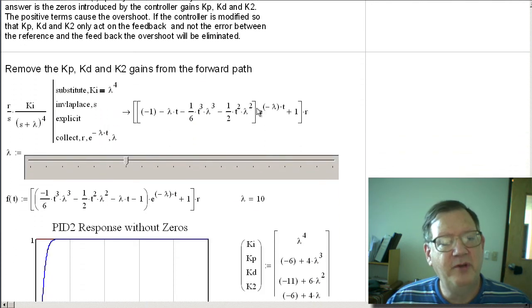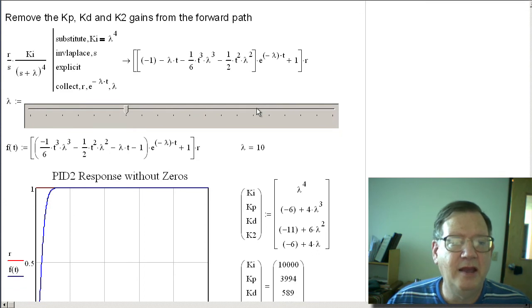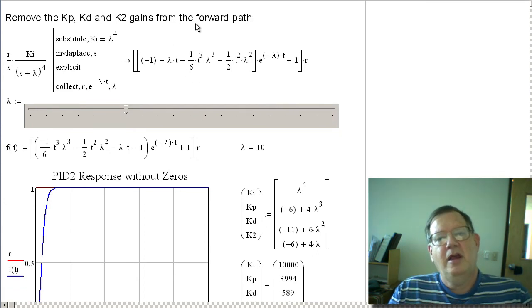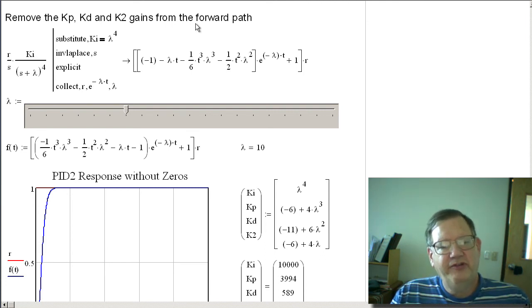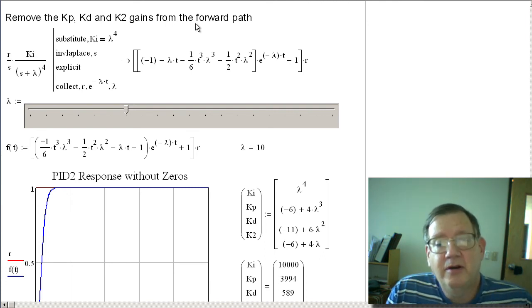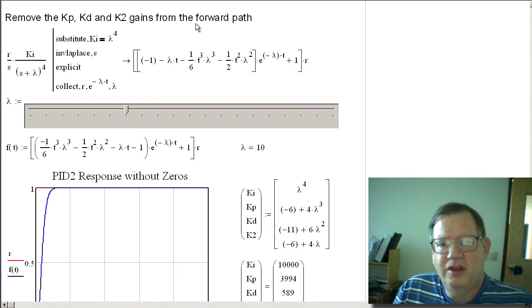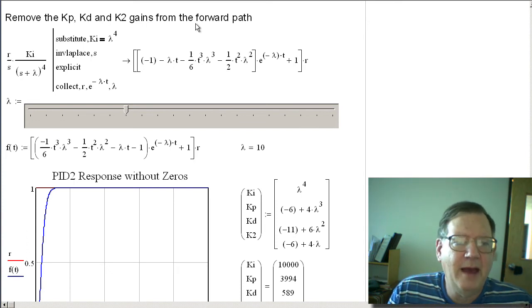So let's remove the Kp, Kd, and K2 gains from the forward path. Now, in temperature systems and many other types of systems, you have the option of having the derivative gain act only on the change in the process variable or the feedback.